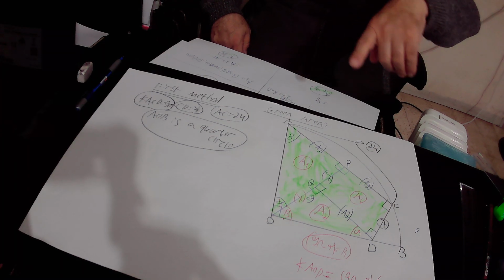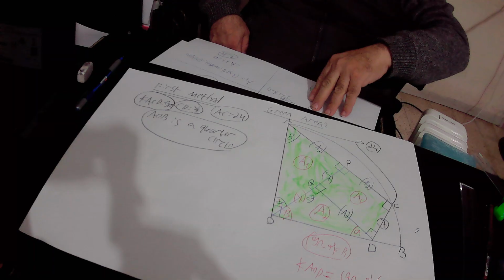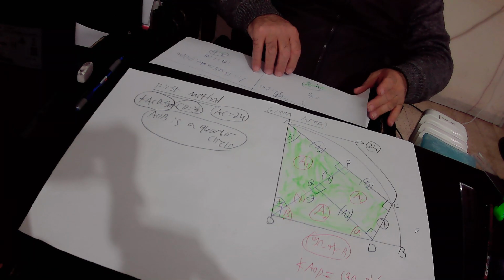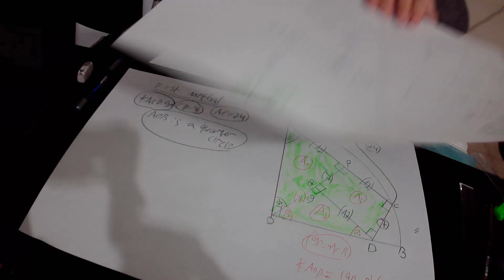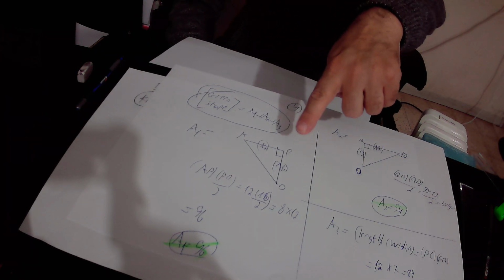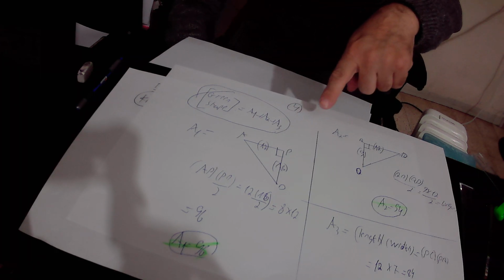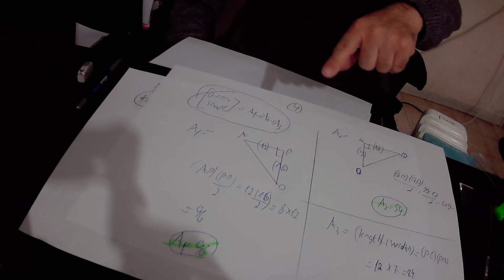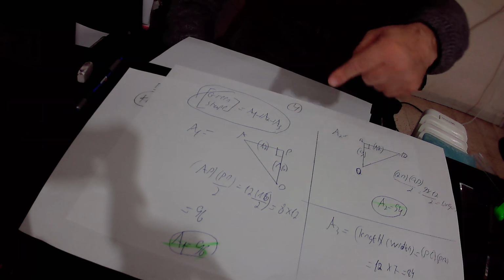So A1 is the area of the right green triangle APO. I copied the right green triangle APO onto a new page in order to find its area. AP equals 12, and PO equals x plus 7. X is 9, so x plus 7 is 7 plus 9, that is 16.